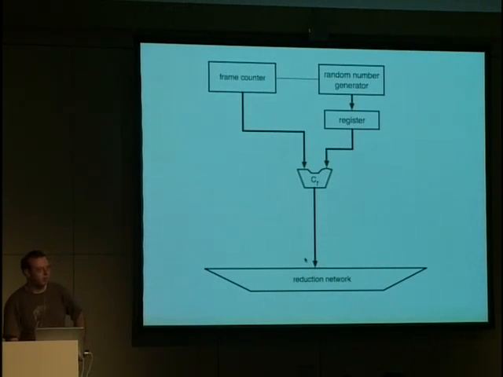Sometimes you don't know what you are looking for. The traffic is way too high to capture, so it was also handy to make a sort of random sampler that is just taking frames randomly out of the stream, copying it to the PC, reducing the data rate, a bit like SFlow is working as well. And that consisted just of a frame counter that controls a random number generator.